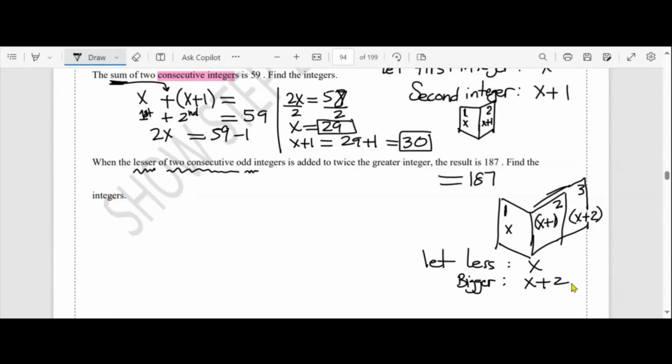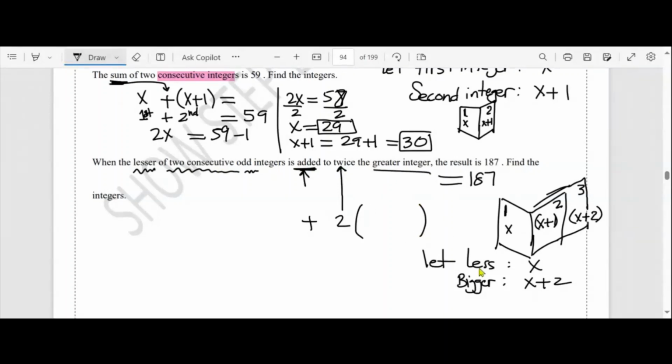So he said when the lesser of two consecutive odd integers is added to twice the greater integer.